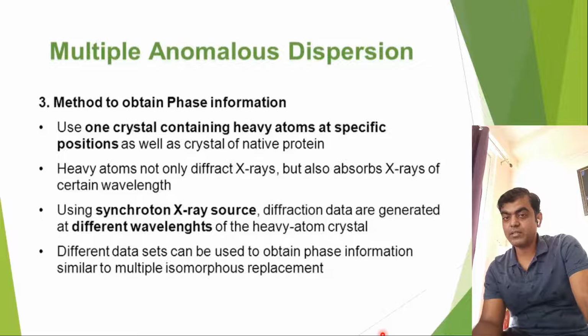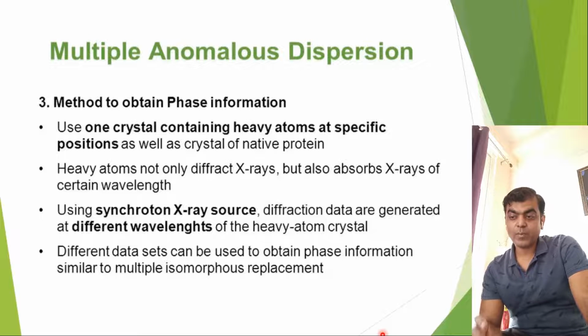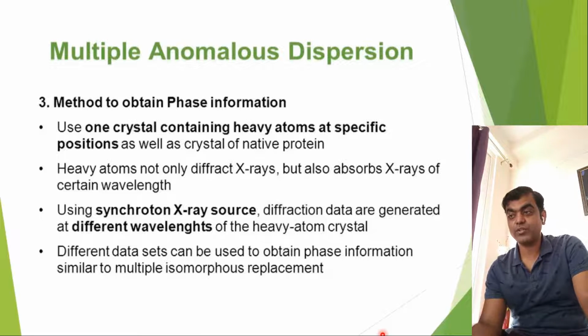X-rays, if you remember, are of a range, and within that range of X-ray wavelength we modify the wavelength slightly and get different diffraction data out of the heavy atoms located at specific positions. We know at what particular wavelength it is absorbing, and we know the diffraction pattern, and then find out the phase information out of it.